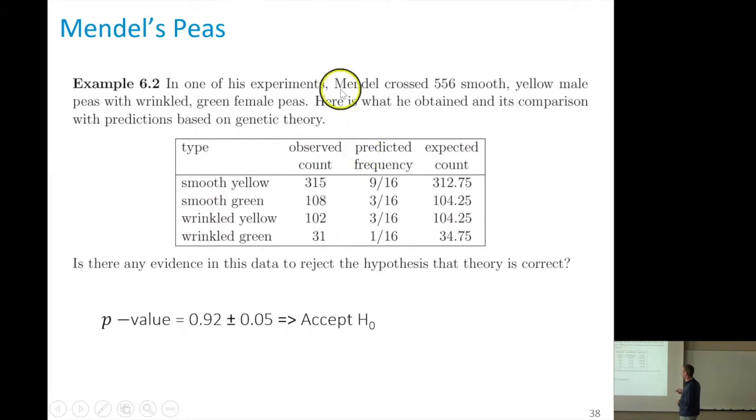So the first historical example of this test was saying, well, is it true that when you do it in your garden, you find those numbers here out of a total of 500-some peas, right? Here, the expected count is this times the total number, so how much we should find in total.